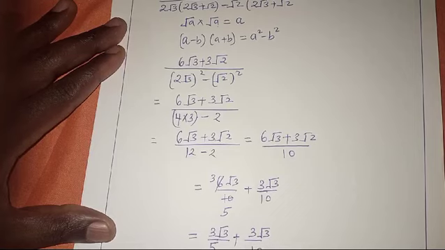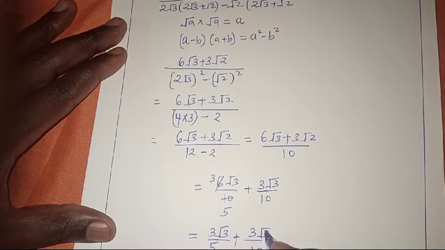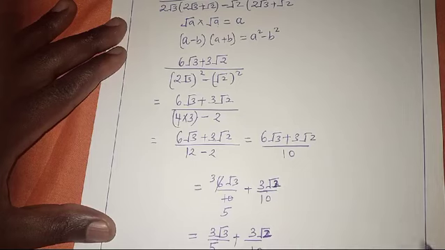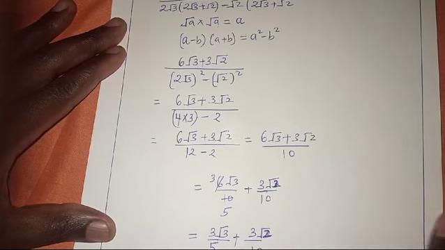Yes, I'm sorry, this is 3 root 2 over 10. And also here it is root 2, not root 3. This is root 2 and then 10.